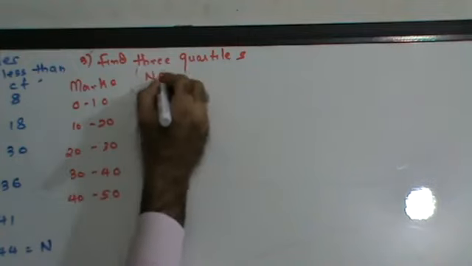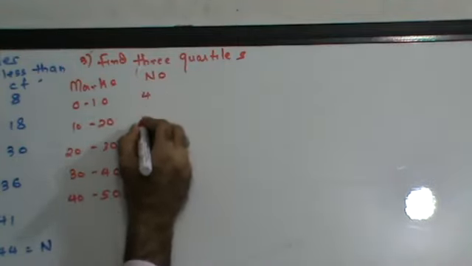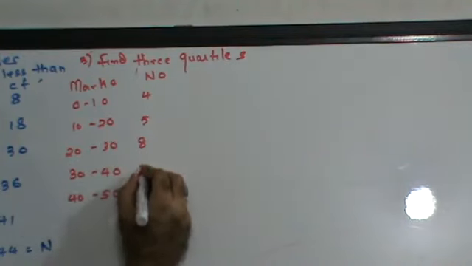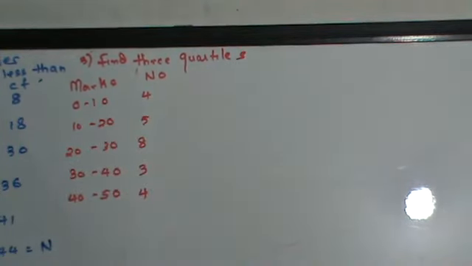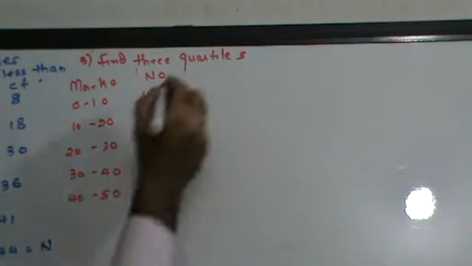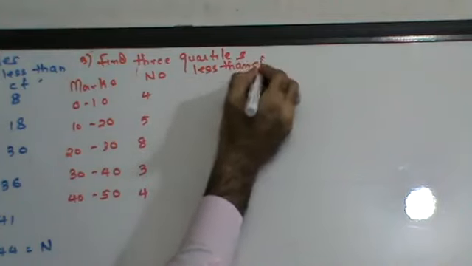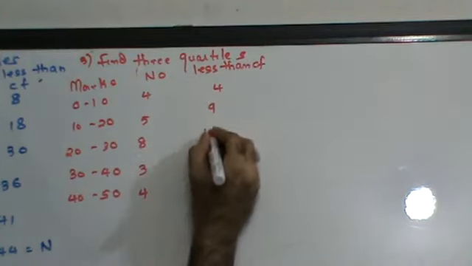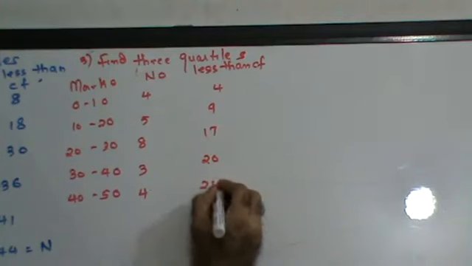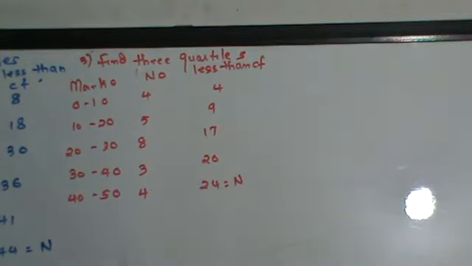Number of students is 4, 5, 8, 3, 4. Like in the previous sum, first find the less than CF. This is 4, 9, 17, 20, 24, which is n. The last number in the CF column is going to be n.